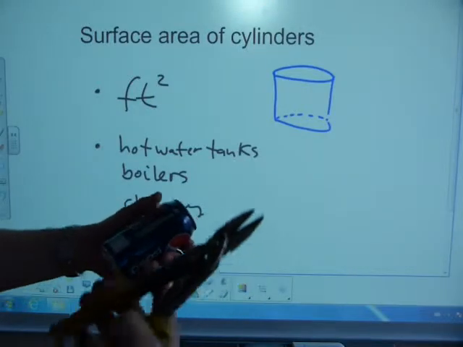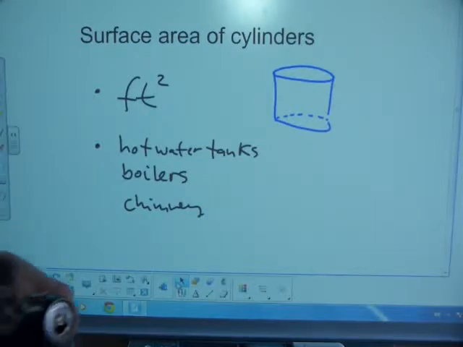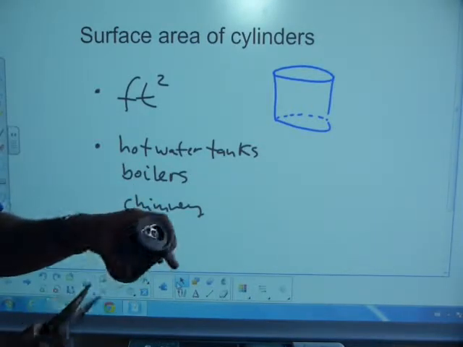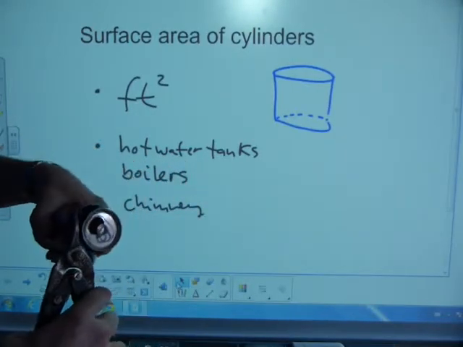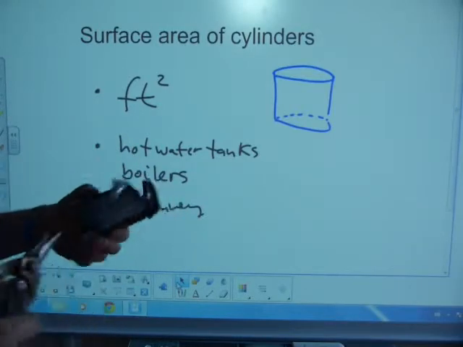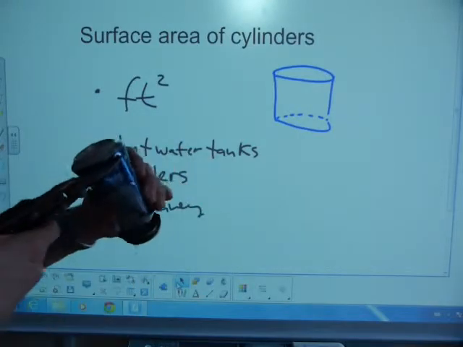Now, what happens to a cylinder when it meets a tin snip is that it shows you what shape it is actually made of. Just give me a sec here.